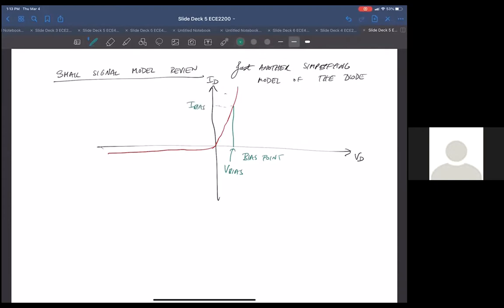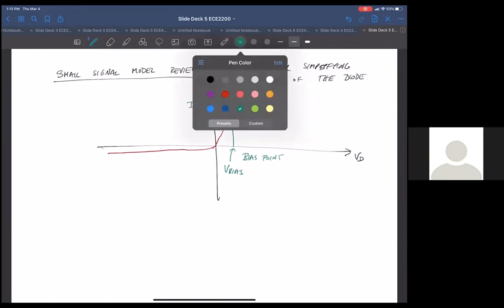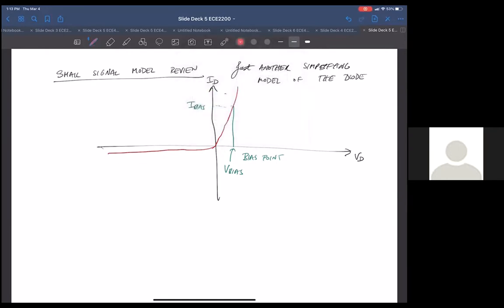And so you just operate it in a very small region around this bias point. If you have just a small delta V around your bias point, then you're going to have a small delta I around your current bias point.